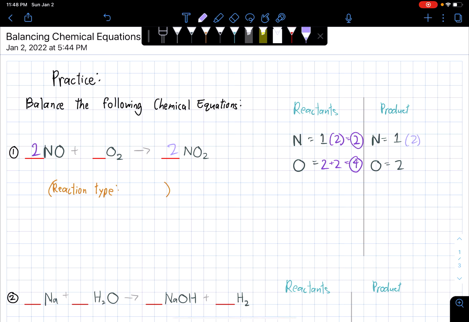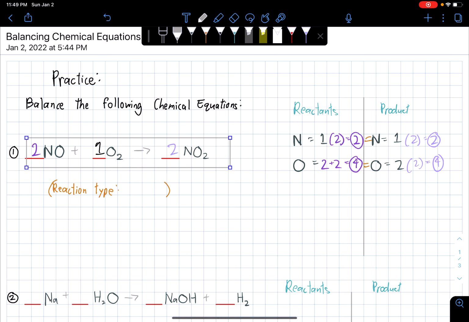And with that, we multiply this nitrogen with 2 at the product side, we get 2. They're equal now. For oxygen at the product side, 2 oxygens times 2, we get 4. And hence, our equation is balanced. And yes, we'll just leave 1 here. And this is the final answer.